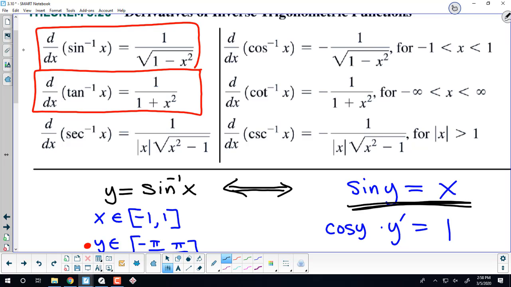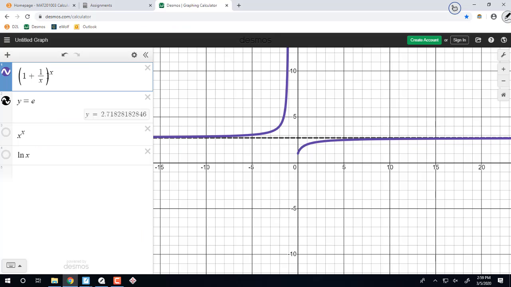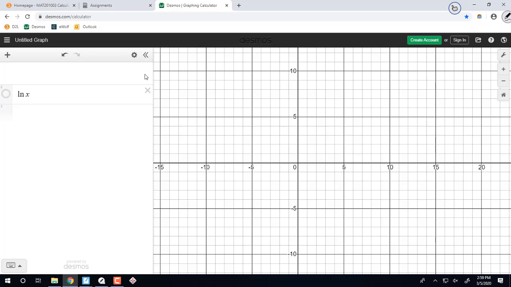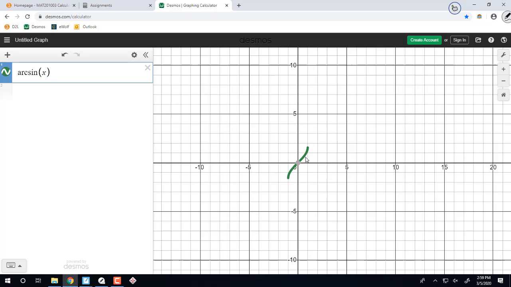But also, when you look at the graph, the formula says the derivative isn't defined for -1 and 1, which are the endpoints for inverse sine. And we can just look at that right quick to see what happens on that graph.